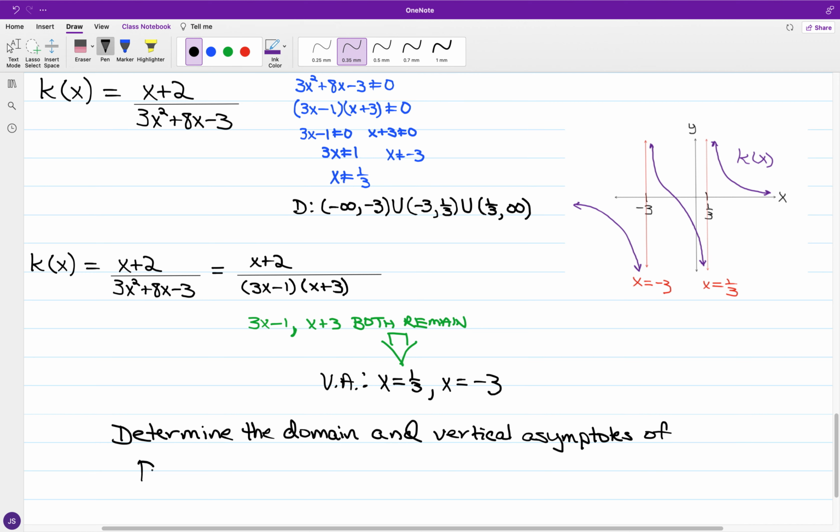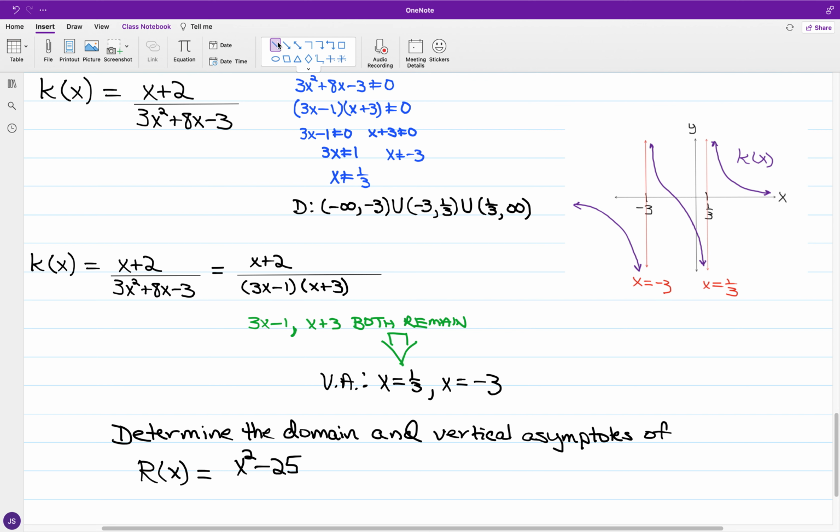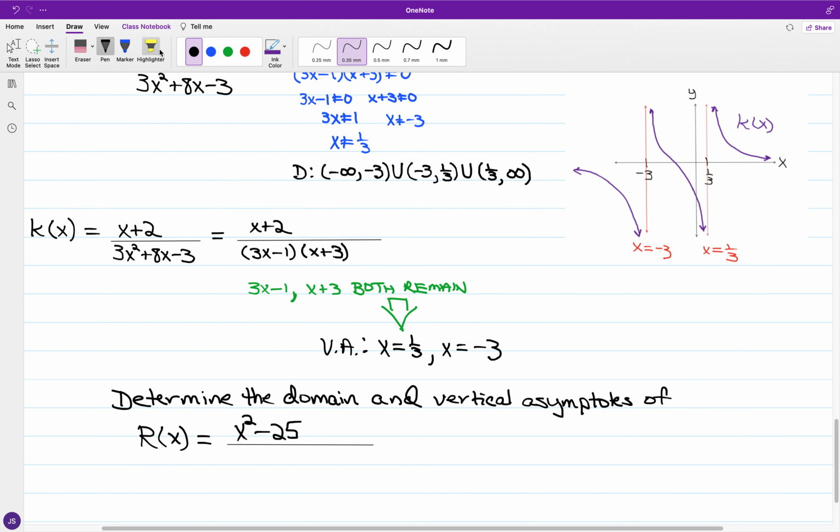Now we'll say our rational function will be r of x, okay, is equal to, and we'll say we have x squared minus 25 all over x squared plus 7x plus 10. Okay, so let's see what we get for the domain as well as the vertical asymptotes, if any, of this particular rational function.